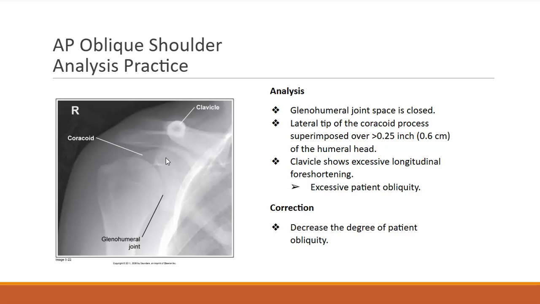This should indicate to you that when the coracoid becomes a little bit more elongated, or when the clavicle shows excessive foreshortening, the patient is in excessive obliquity. In order to correct this positioning error, we need to decrease the degree of patient obliquity.